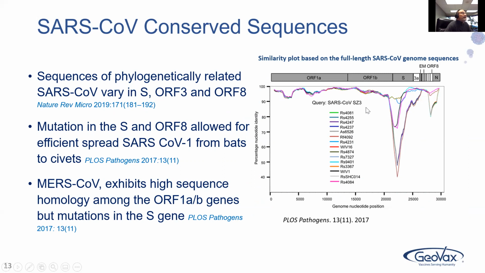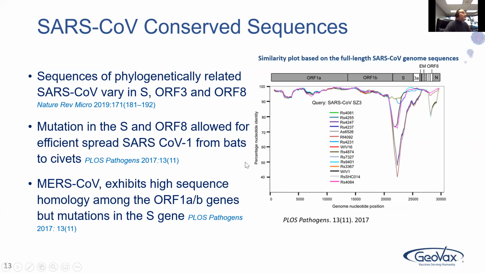But most of the open reading frame genes in open reading frame 1A and 1B, these are non-structural proteins, in fact, are highly conserved. Also, you notice that the envelope, the E protein, and the M protein, and the nucleocapsid, the N protein, structural proteins, are highly conserved.